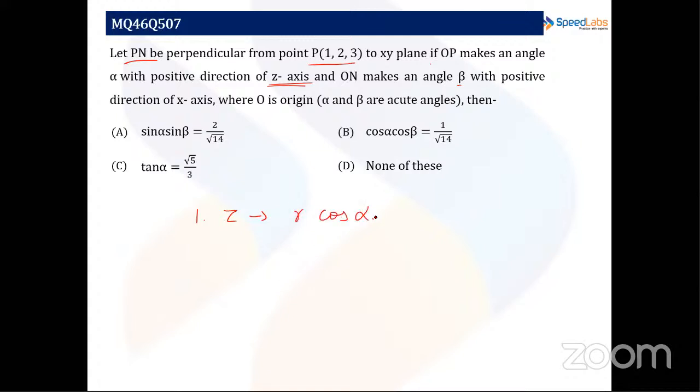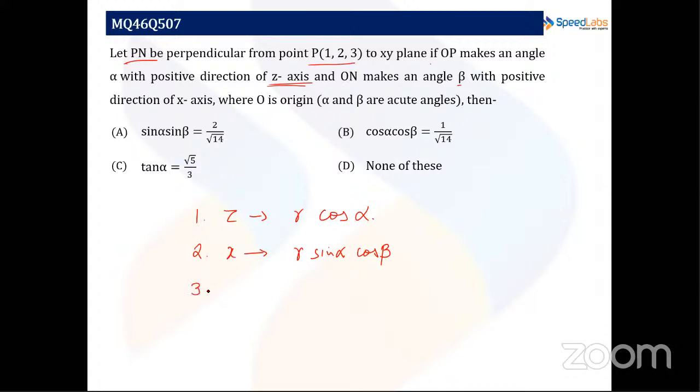So our z coordinate will be r cos alpha. We are given the angle is alpha with the positive direction of z-axis. Secondly, for x-axis, it will be r sine alpha, and it is making angle beta with the positive direction of x-axis. So r sine alpha cos beta.